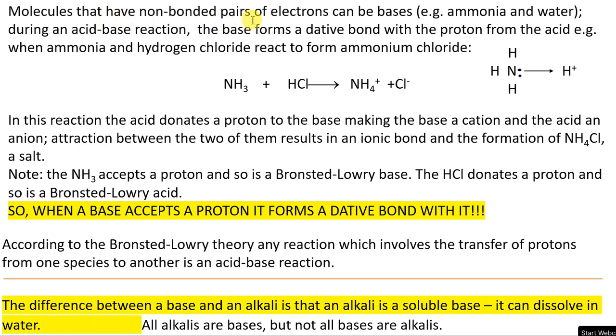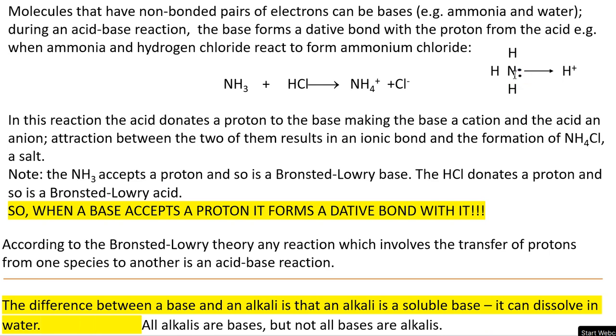Molecules that have non-bonded pairs of electrons can be bases. Examples being ammonia and water. During an acid-base reaction, the base forms a dative bond with the proton from the acid. Now, when ammonia and hydrogen chloride react to form ammonium chloride, the ammonia NH3 has a lone pair of electrons.